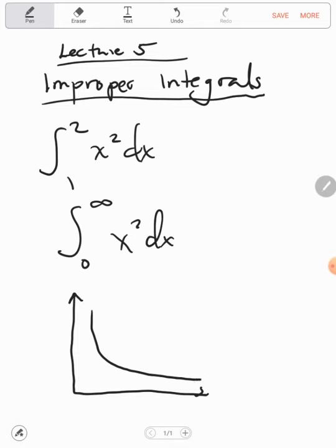Suppose this is our 1, and this is any number t. We know that the area under a curve is given by the integral. This function is y equals 1 over x squared. So we have 2 there, 3, 4, and we say any value t.